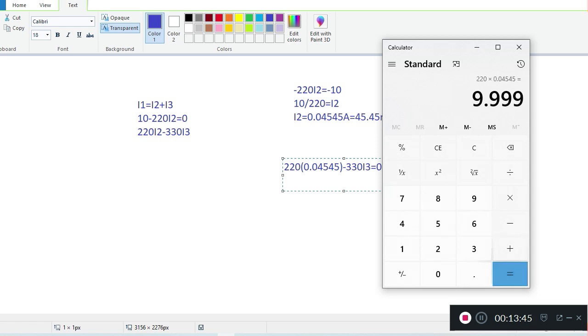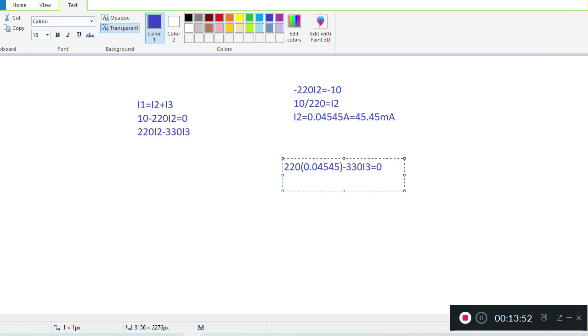We get 9.99. Let me just write over here 9.999, minus 330 into I3. So I can even erase my 9.99 from here, and then I can make it equal to minus 9.999. Okay, all right, so that is cool.